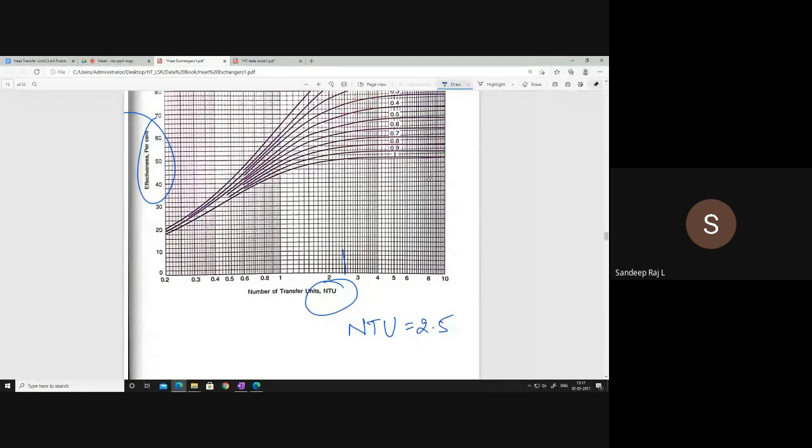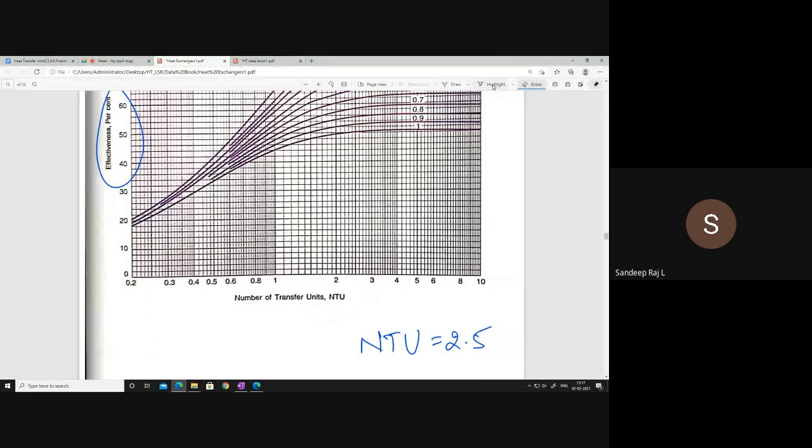Between 2 and 3 there is one dark line there, so I am putting my vertical line there. This is my vertical line.